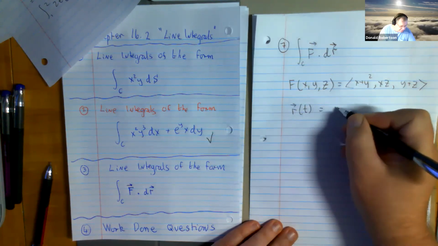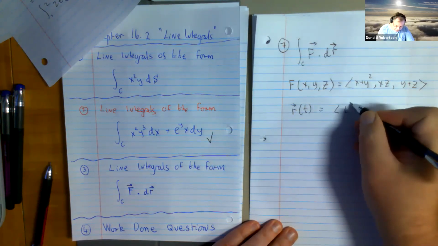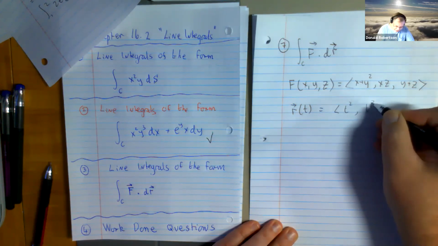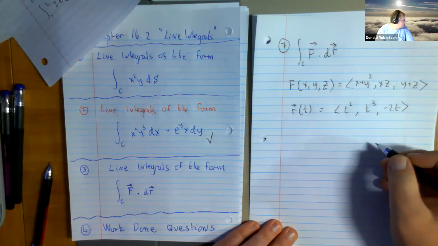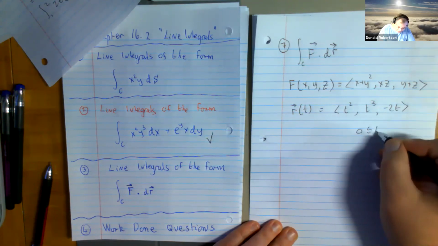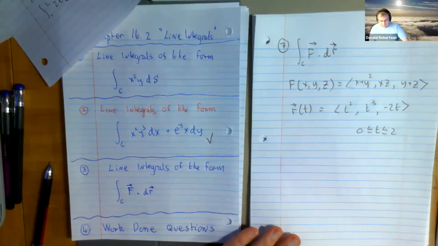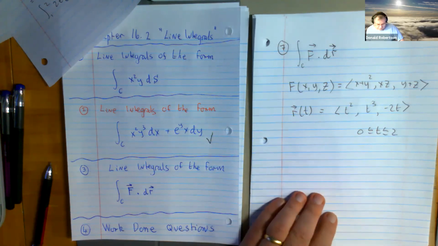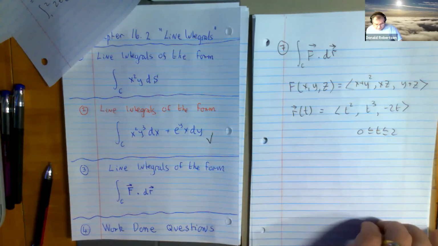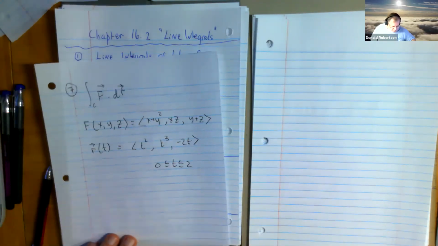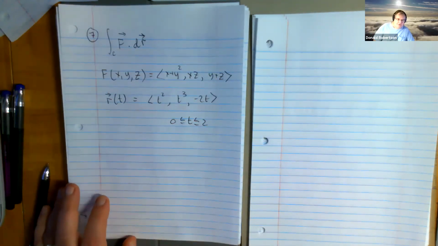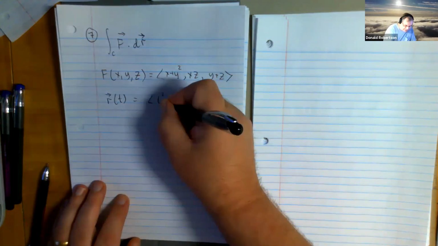R of t is t squared, t cubed, negative 2t, and t goes from 0 to 2. And maybe I'll get lucky. I'll hold back a little bit before I say this is going to be worse than the one I did.